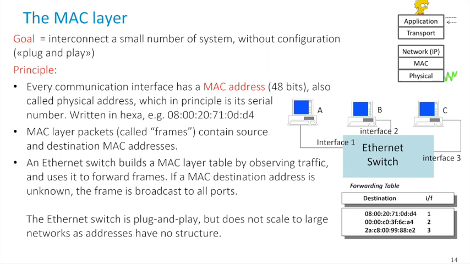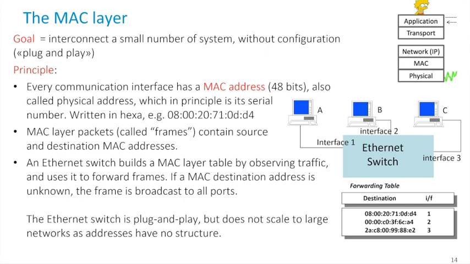Second, the MAC layer forwards packets that come from the IP layer. They are called frames at the MAC layer. And the packets, very much like the IP layer, contain a source MAC address and a destination MAC address. The source MAC address is put by the adapter at the source, and the destination address, like in IP, identifies whom the packet should be sent to.